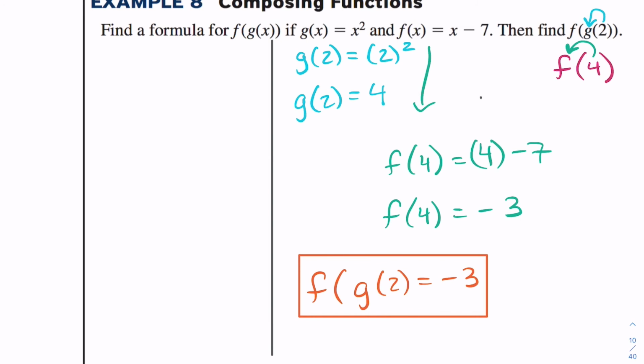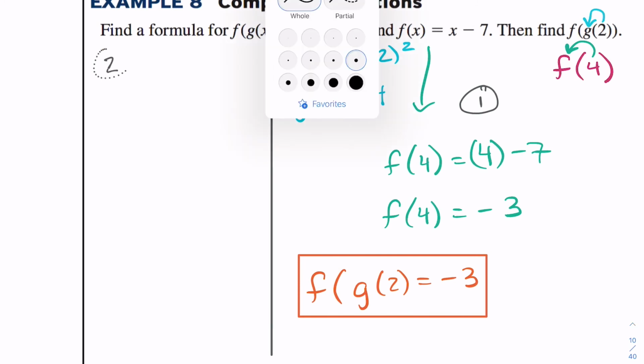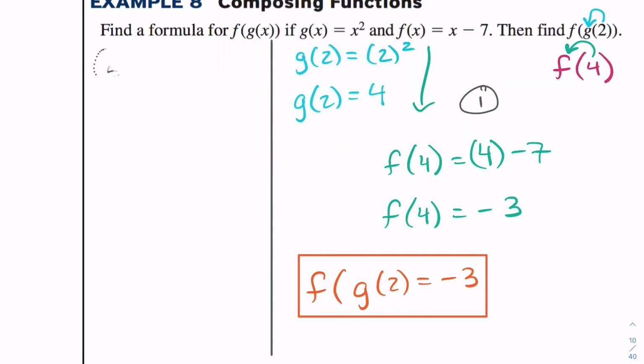Here's version 2. Oh, this happens sometimes. Gets a little funky. Okay. Here's 1. This is option 2.